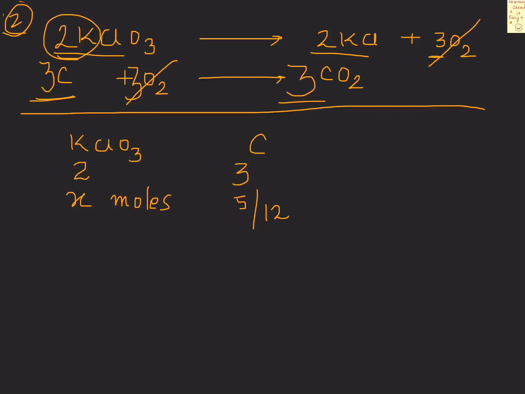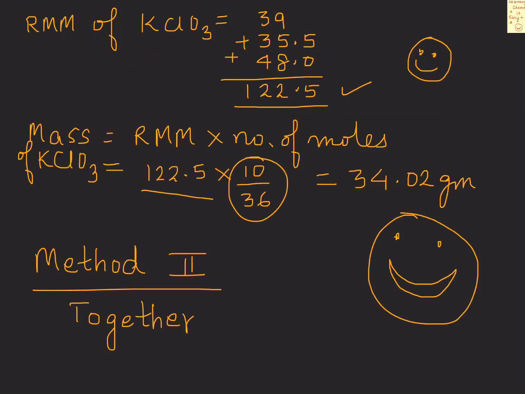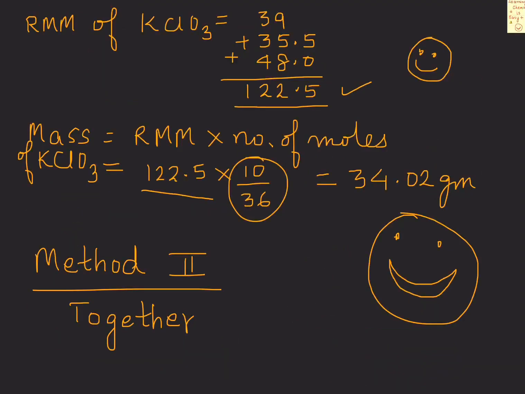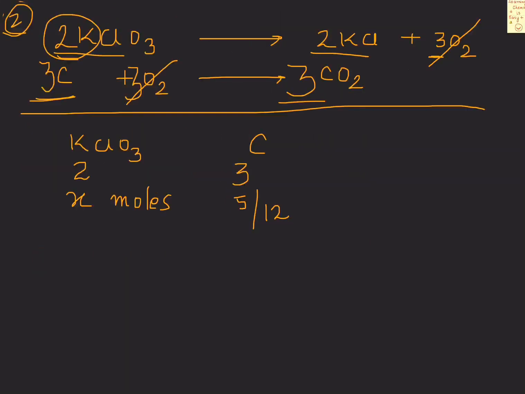You see, if you notice, we've cut down the steps a lot. First we had calculated here, then we did the potassium chlorate, and then we had gone on to calculate the mass of potassium chlorate. In method number 2, it becomes so easy, correct? So, your X comes out as 10 by 12 into 3. This is the number of moles of potassium chlorate.